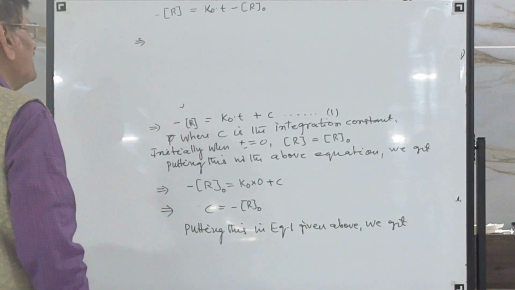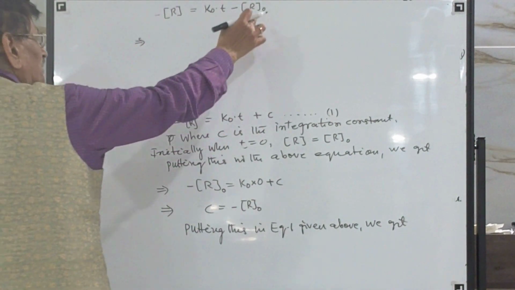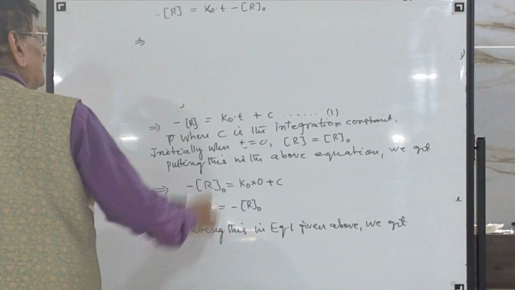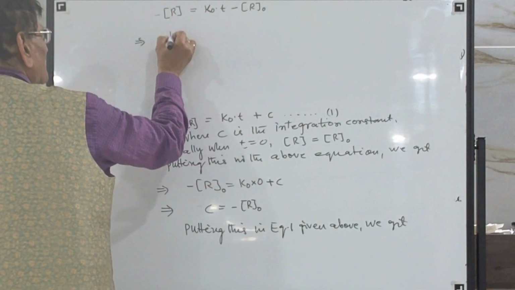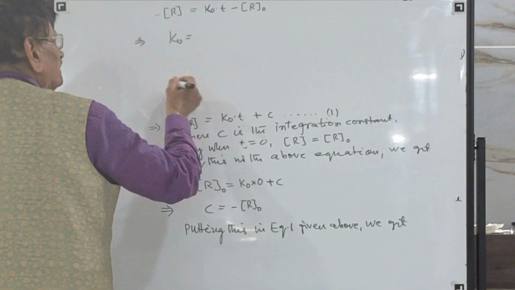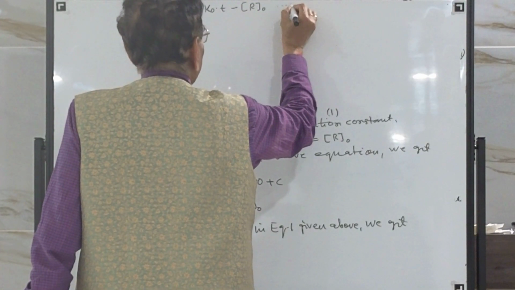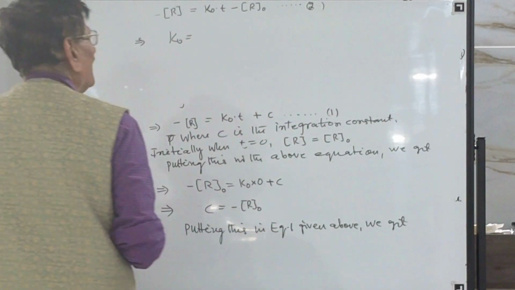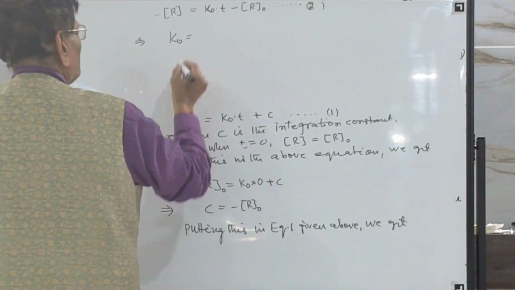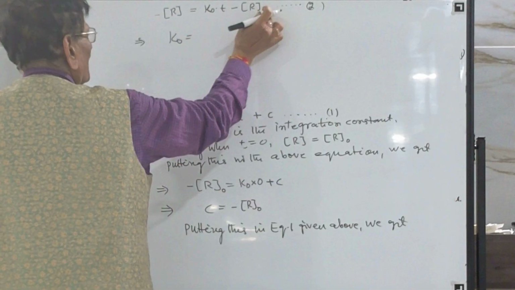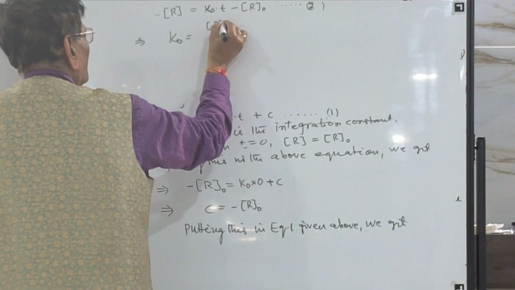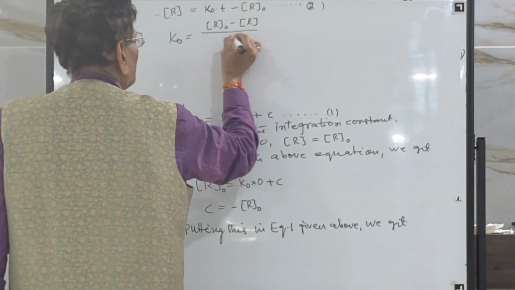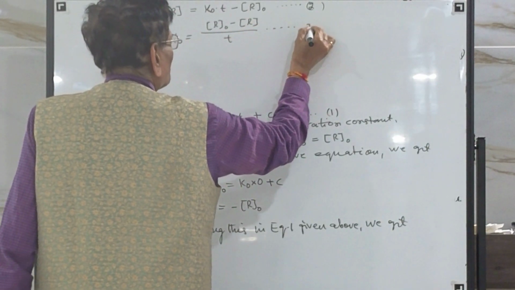Rearranging this equation, if R naught is brought to this side, R naught minus R divided by T is equal to K naught. This is equation number 2, and K naught will be equal to R naught minus R by T. This is equation number 3.